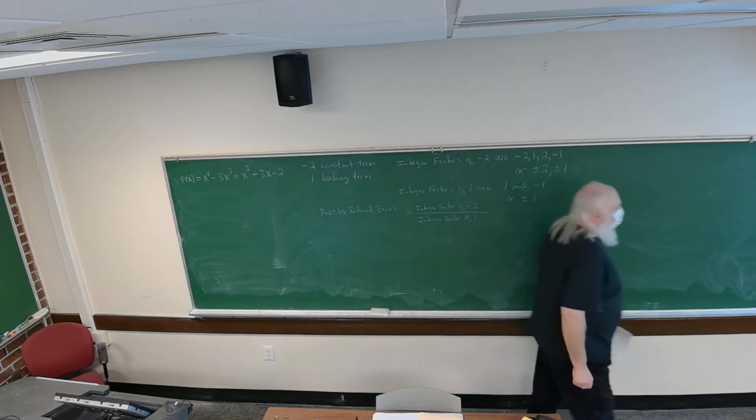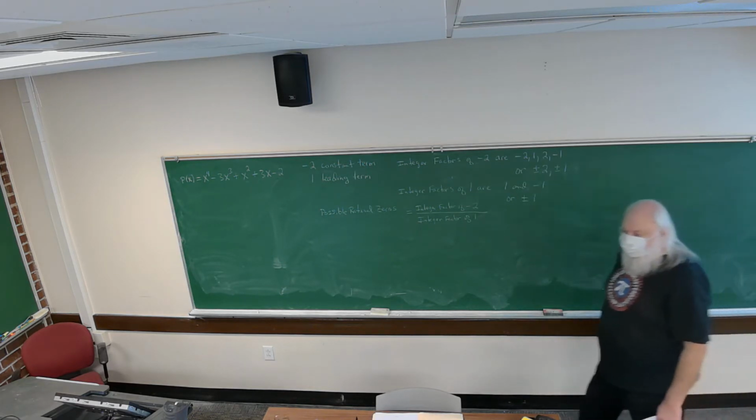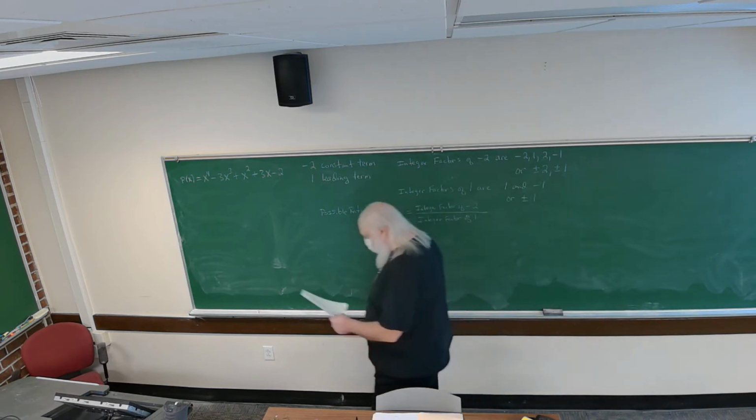That's what your definition is saying right here: the set of possible rational zeros, you take the factors of the constant term and divide by the factors of the leading coefficient. That gives you the set of rational numbers.